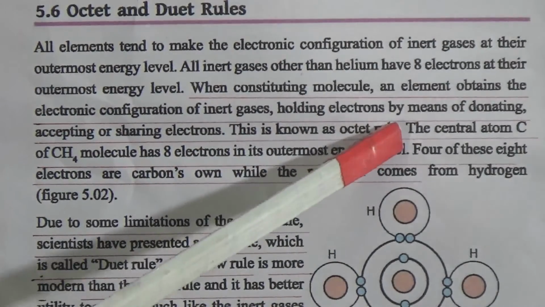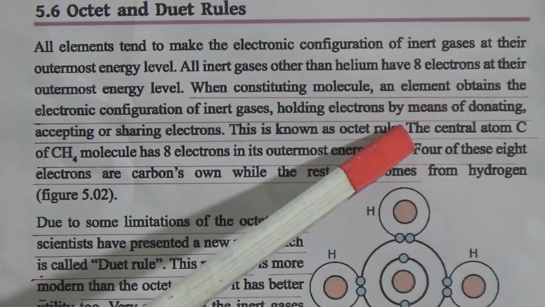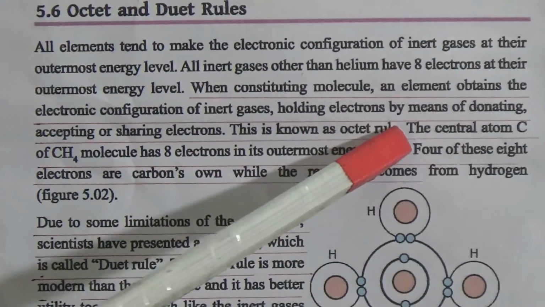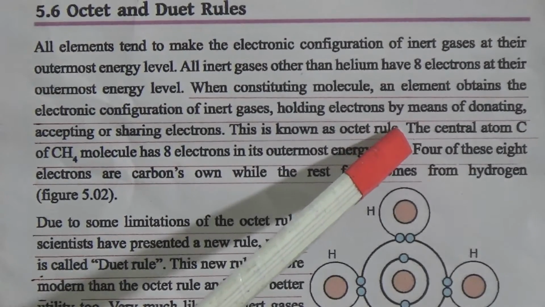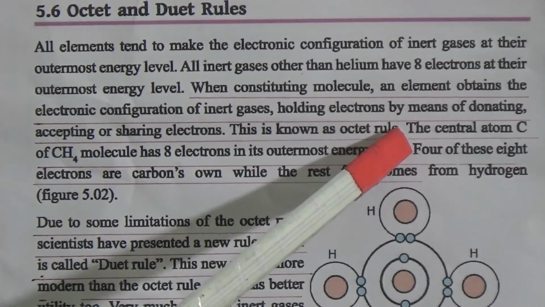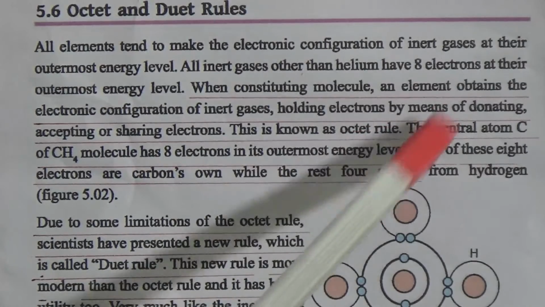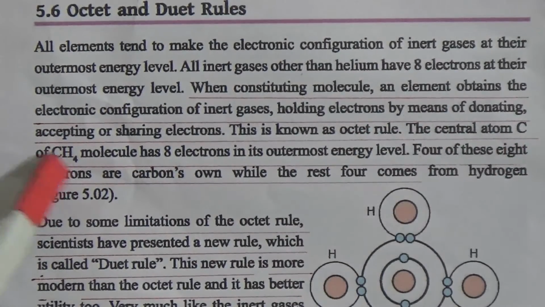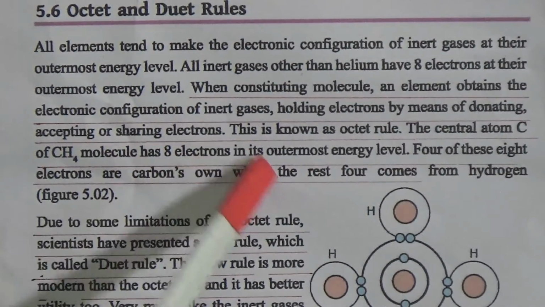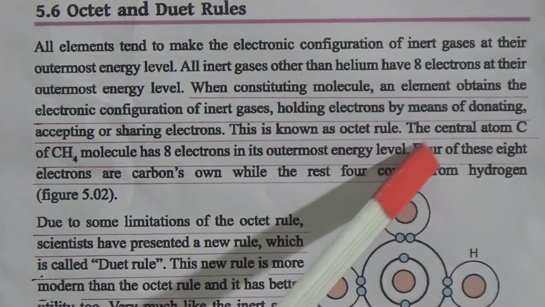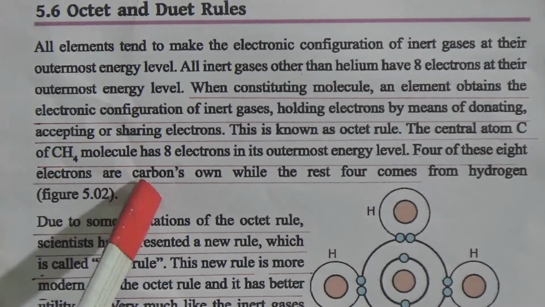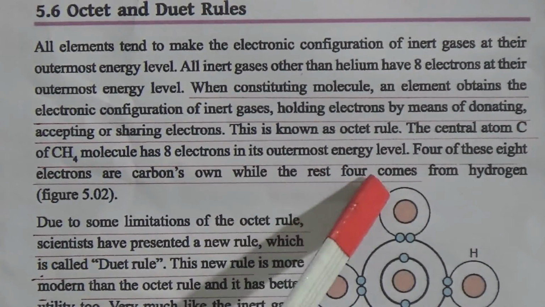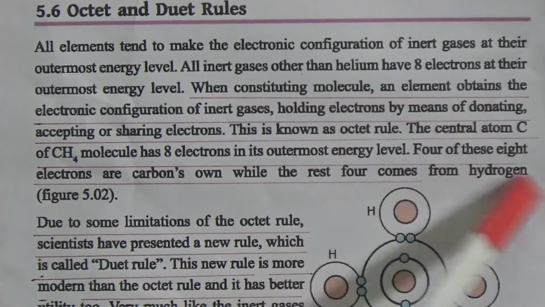That means in any way, an element wants to get its outermost layer complete. That means it wants to get 8 electrons in its outermost orbital. That is known as the octet rule. The central atom carbon of methane, that means CH4 molecule, has 8 electrons in its outermost energy level. 4 of these 8 electrons are carbon's own, while the rest 4 come from the hydrogen.